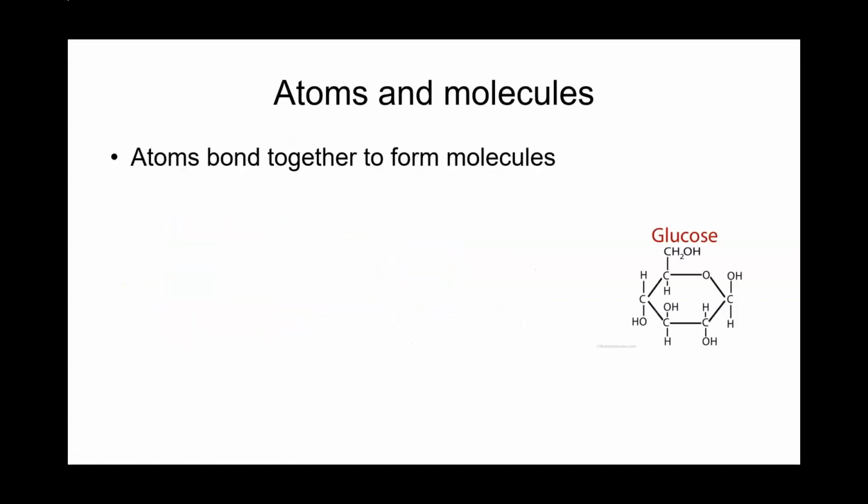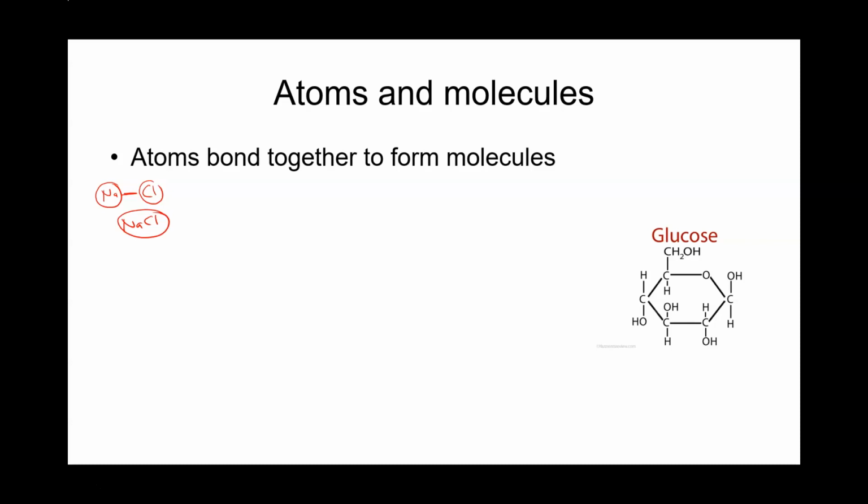Now, atoms can bond together to make molecules. So for example, if you had an atom of nitrogen and an atom of chlorine, they could bond together to make a molecule known as sodium chloride, which is table salt.